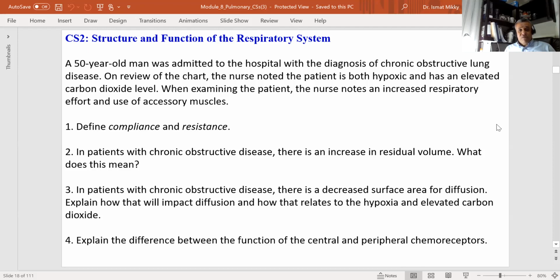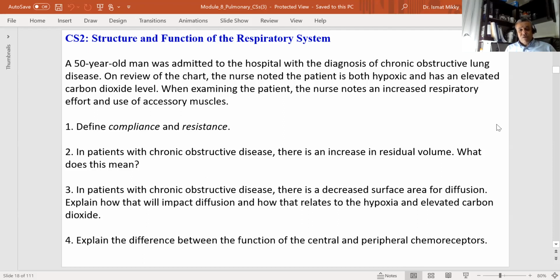So these receptors will effectively control respiratory effort in the normal patient. Normally when the CO2 level rises, that will result in stimulation of the respiration.